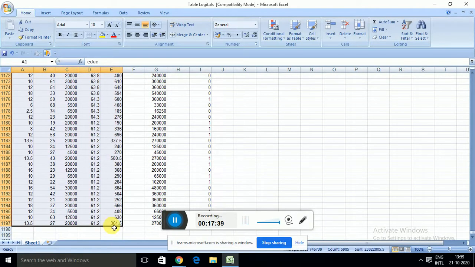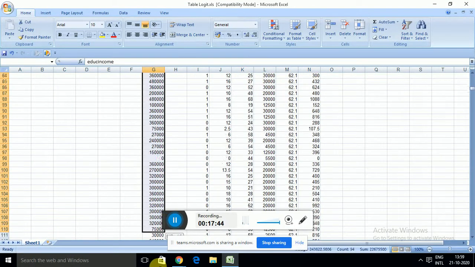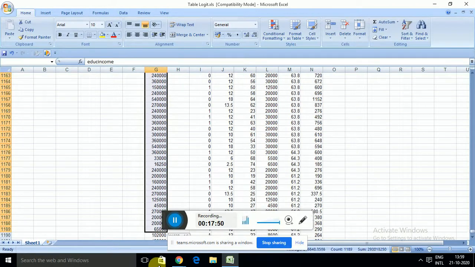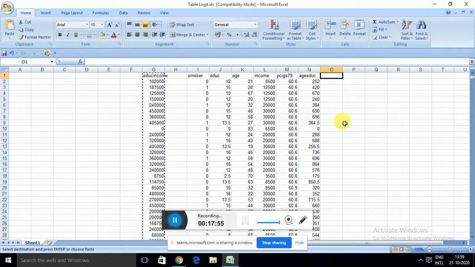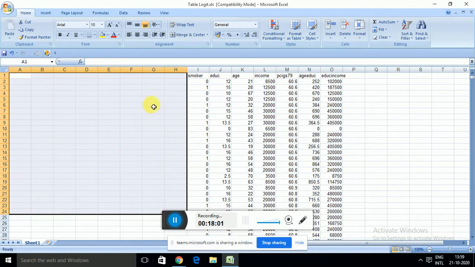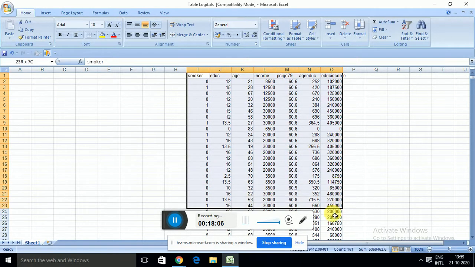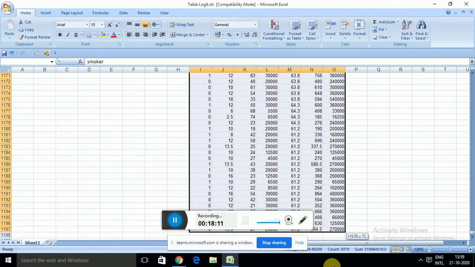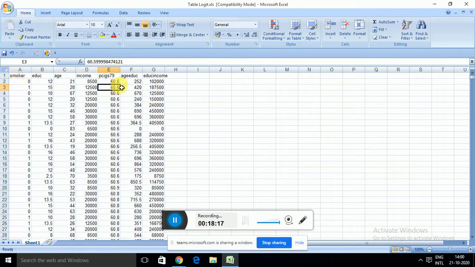Okay, so now let's try to arrange the data. What you will observe in this data, there are a few independent variables, namely income, education, so my dependent variable is smoking, which has now taken a value 0 or 1 depending upon whether I'm smoking or not.